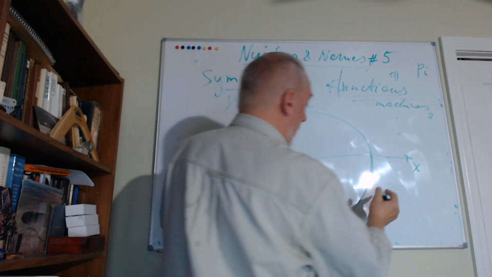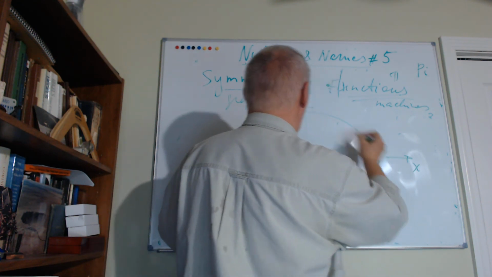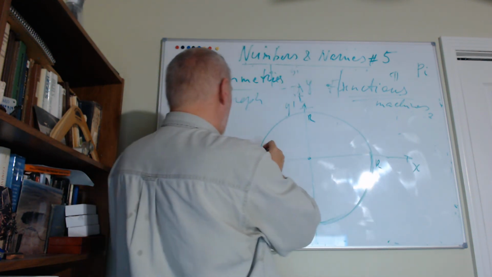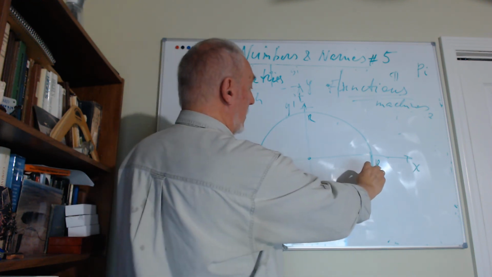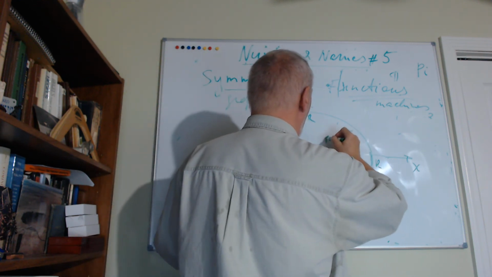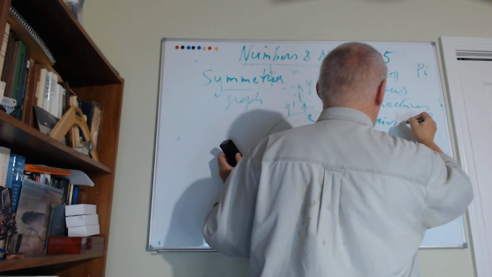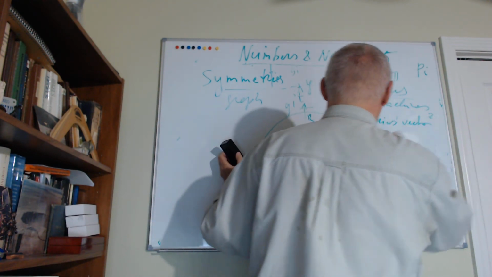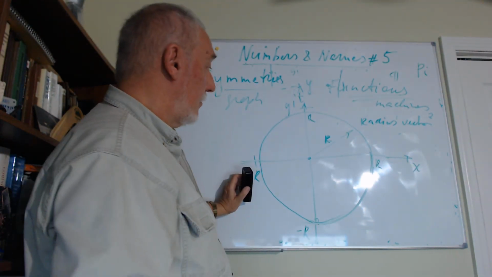So let this be some number r, and here is minus r, some constant, not a variable. This is called the radius vector, because this is called the radius of the circle, right?